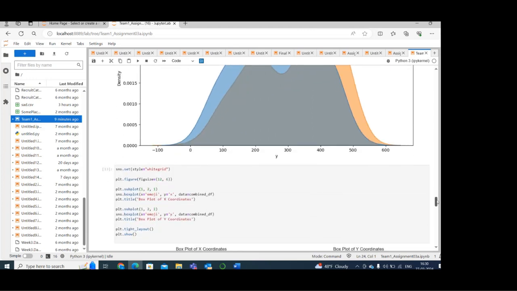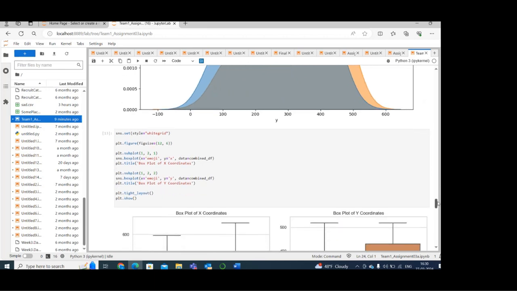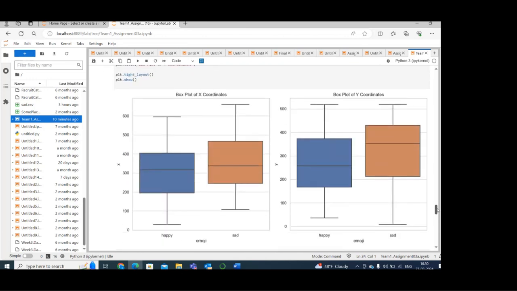And coming to the box plot, finally we used box plots and violin plots to examine the distribution and density of our data. These box plots provide a visual summary of the key statistics of the data, while violin plots combine the box plot and the kernel density estimate.